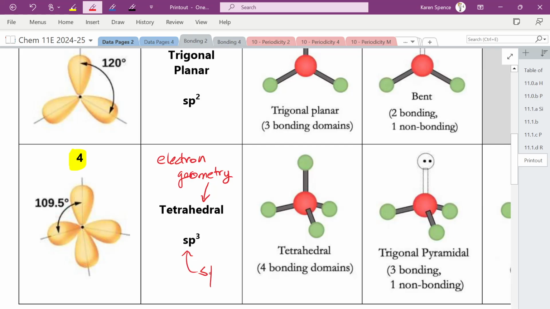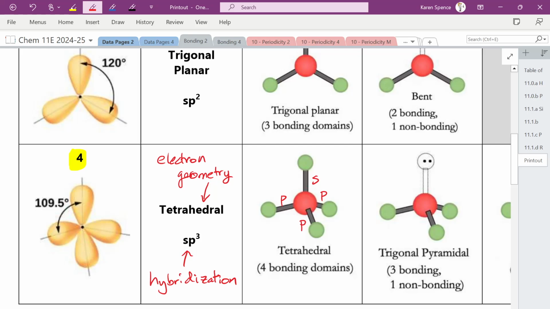Oh, I should write hybridization. And if you haven't had the little lesson on how to count that, you just go around and you say SPPP, which gives you sp3.